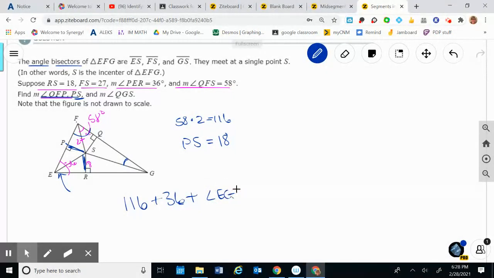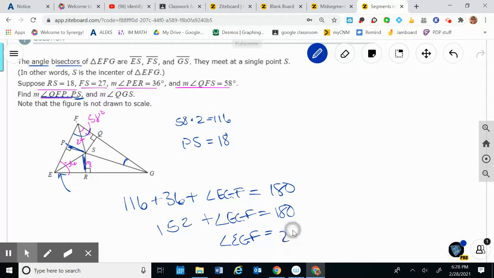Angle EGF, the big angle, is equal to 180, so 152 plus angle EGF equals 180, angle EGF equals 180 minus 152. It's 28. That's the big one, though.